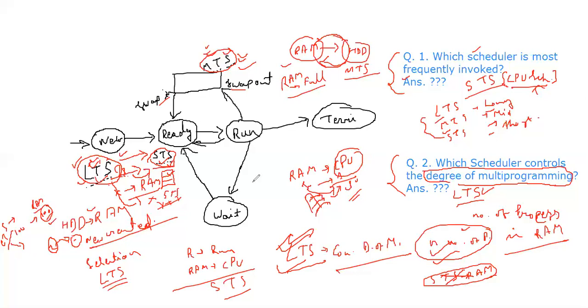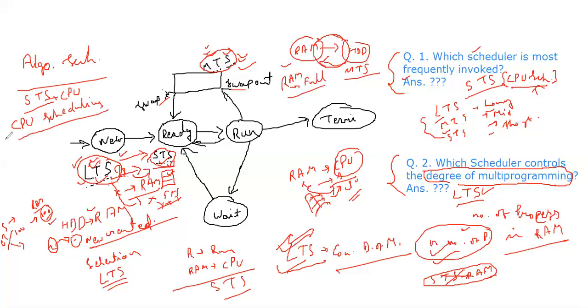Now, the next portion: we have discussed that there are schedulers, which means they are scheduling. So what are the different algorithms for scheduling? We are going to focus on the short-term scheduler, or CPU scheduler. In our next lecture or series of lectures, we are going to focus on CPU scheduling.